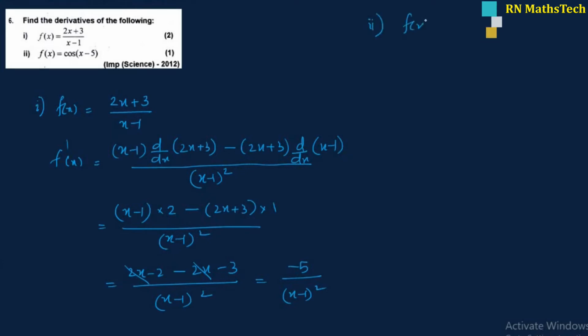Now the second part, f of x equal to cos of x minus 5. Cos of x minus y is cos x cos y plus sin x sin y, so cos x cos 5 plus sin x sin 5.